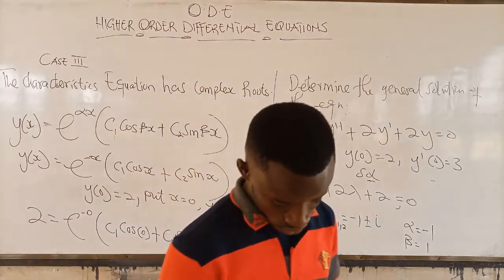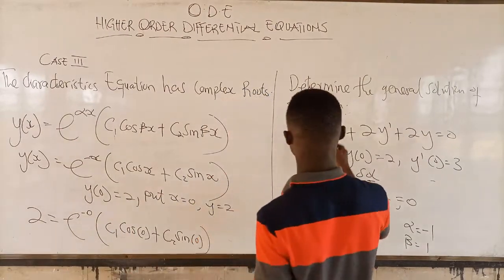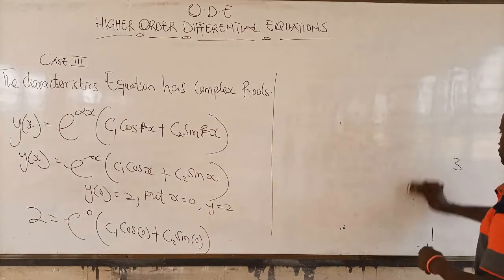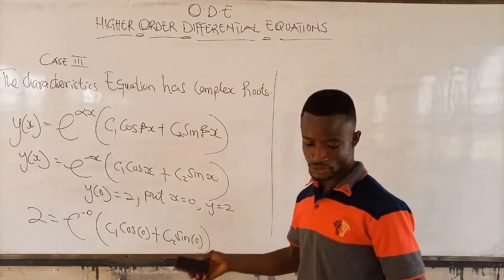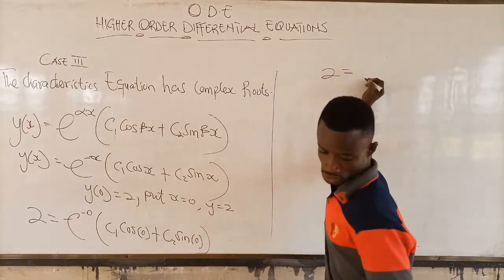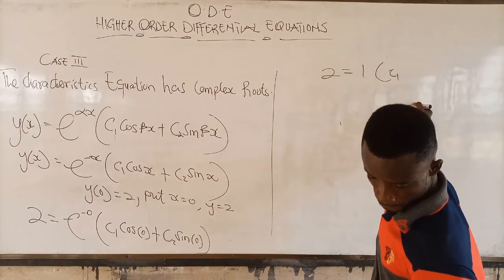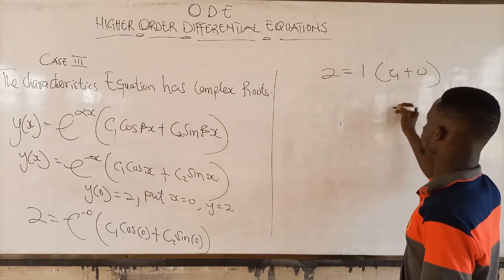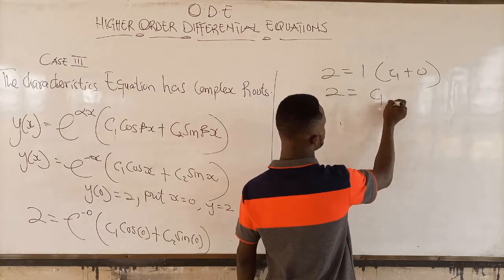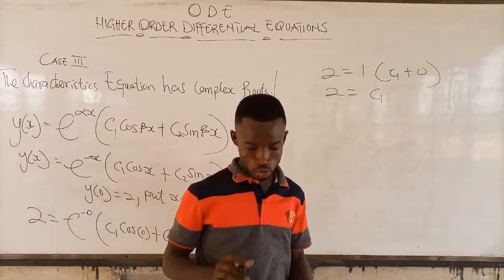Alright, so with this substitution done, we are going to get 2 is equal to, alright, so to get C2, so we get C1 to be equal to 2.